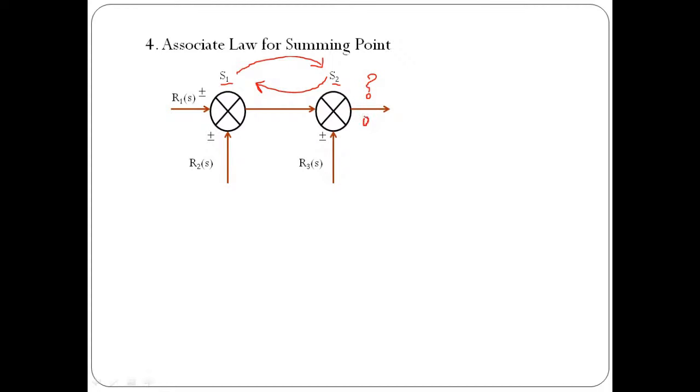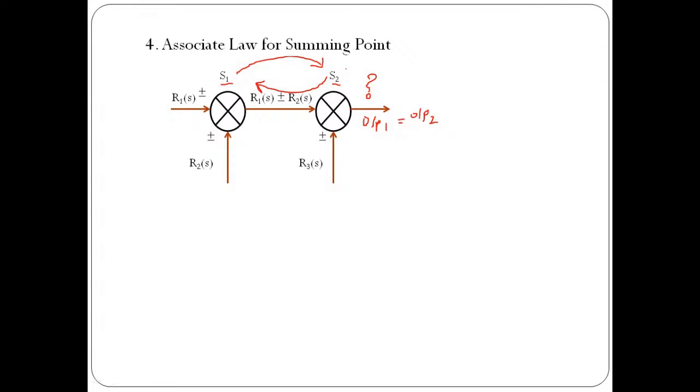If the output in the first case and the output in the second case match, then we can say that the associative law is applicable for the summing point. That means if we have summing points connected back to back without any takeoff point, without any block in between them, then it is possible to interchange their positions.